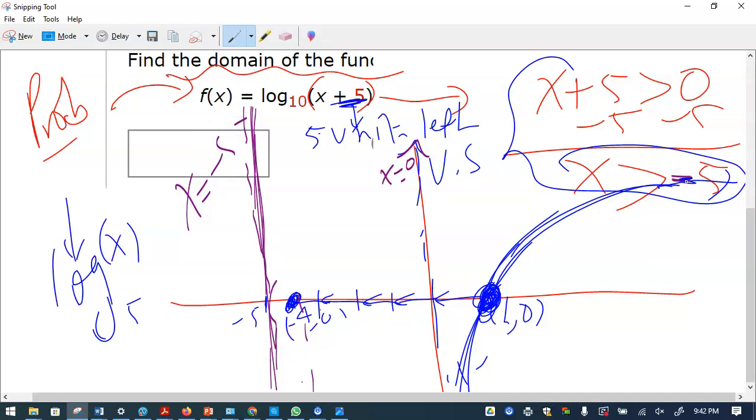Remember, the domain has to be greater than minus 5. What this means is you can't have minus 5. It means from minus 5 all the way to plus infinity. So this becomes the new domain for the function.